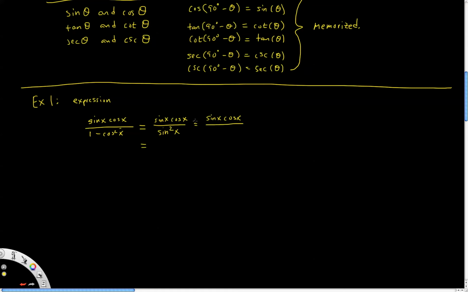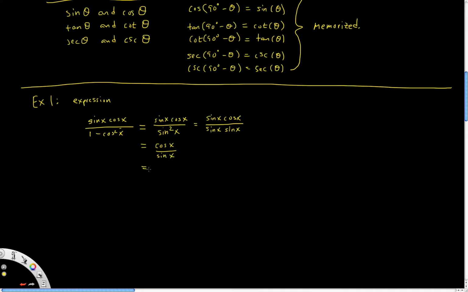So I still have sine x cosine x in the numerator. Sine squared is really sine x times sine x, meaning that one of these sines is going to cancel and leave me with cosine over sine. So there's cosine x all over sine x.